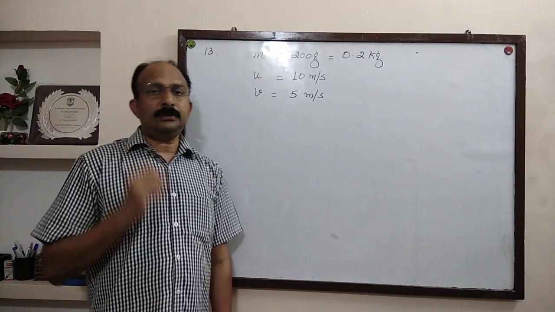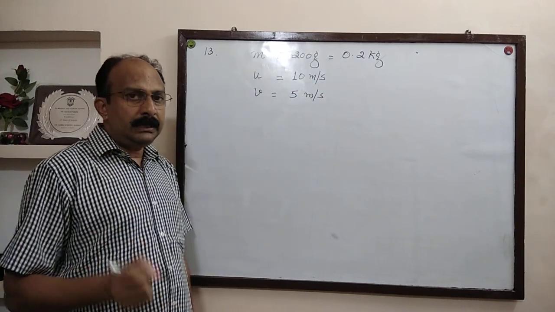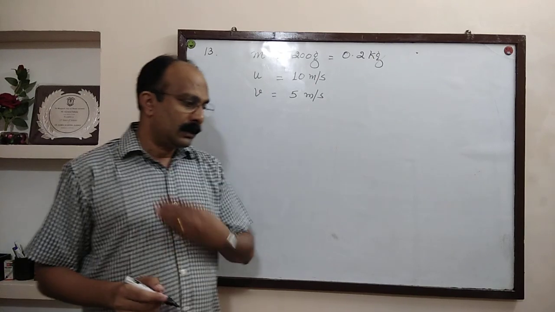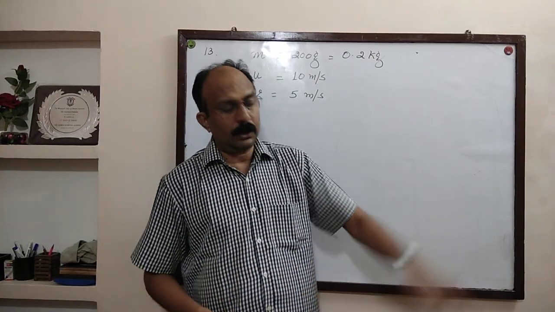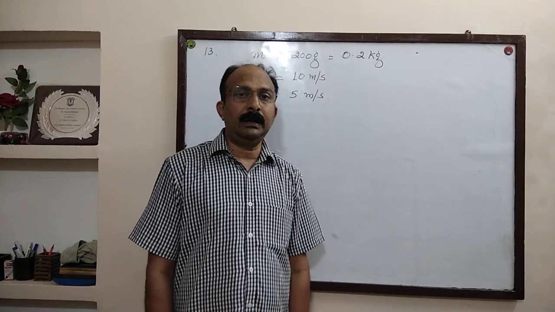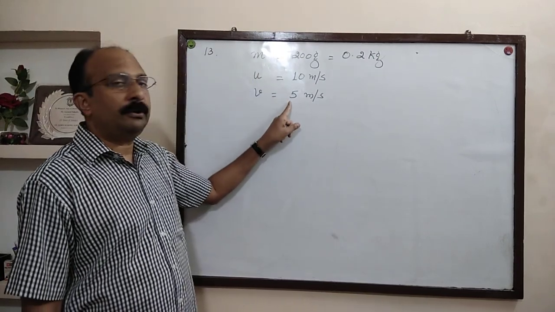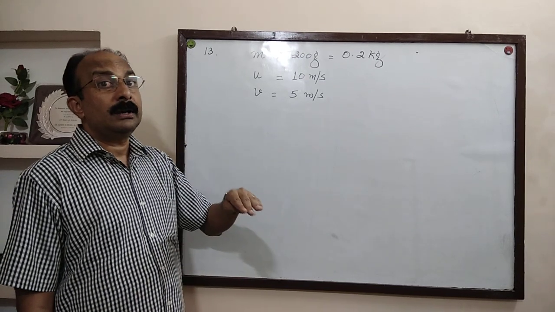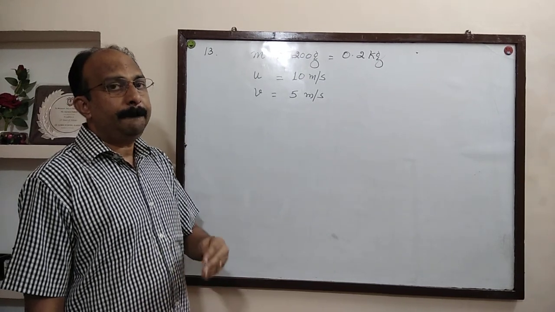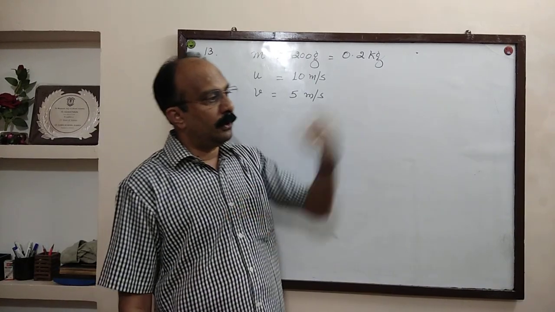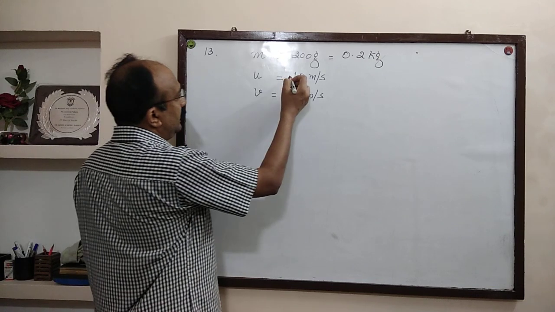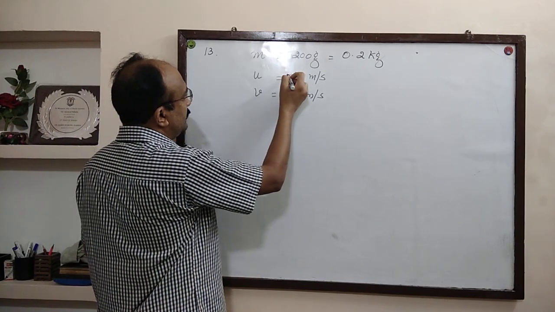Now, we are asked to find the change in momentum of the ball in the direction after hitting the ball by the hockey stick. So, we will take the final velocity V as positive, because we are asked to find the change in momentum in the direction of the ball after hitting the stick. So, we can take u as minus in this case.